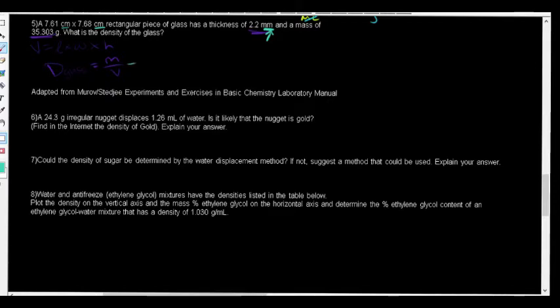So we're going to go ahead and find out our volume right now, but I'm going to write the mass down really quickly. This mass is 35.303 grams. And then let's go for our volume.